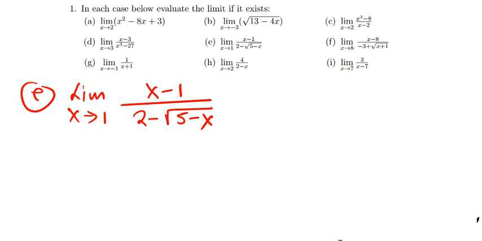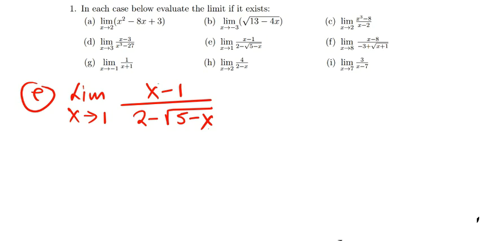So if we try to substitute directly, 1 minus 1 is 0 on the numerator. If we put a 1 where there's x, 5 minus 1 is going to give us a 4. It will be 2 minus root of 4. Root of 4 is 2. 2 minus 2 is 0 as well. So this is also undesirable. So what do we do? Okay, let's get into it.